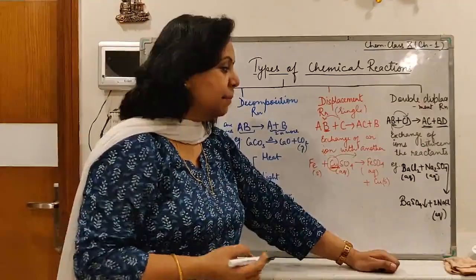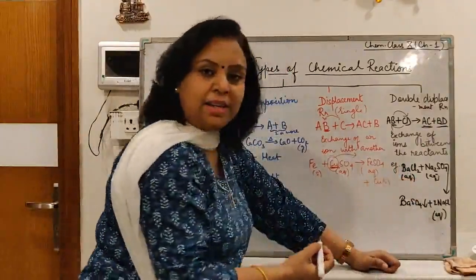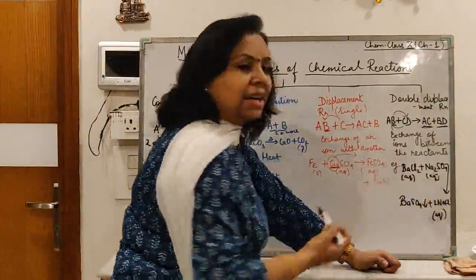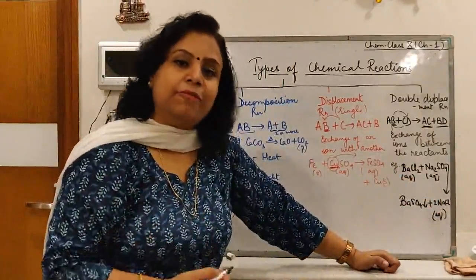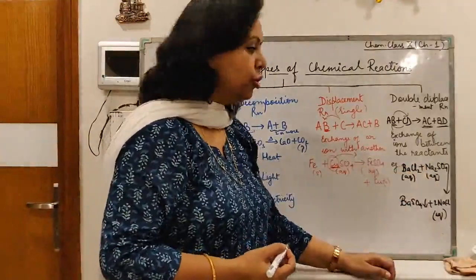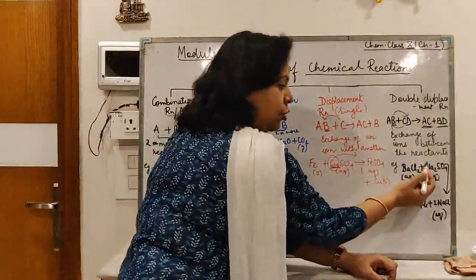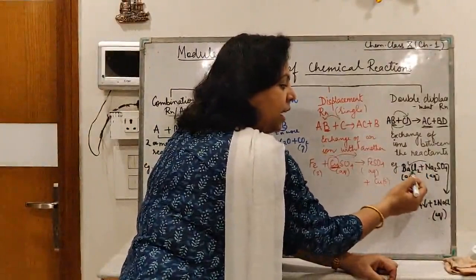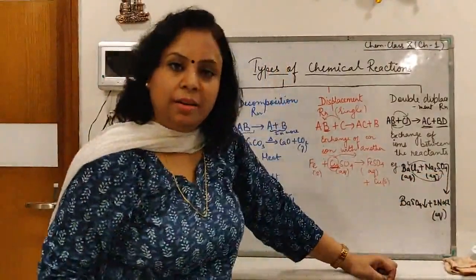Let us see one example. Barium chloride solution, when it reacts with sodium sulfate solution, what is happening? The exchange of ions. Sodium is coming here and barium is going here.